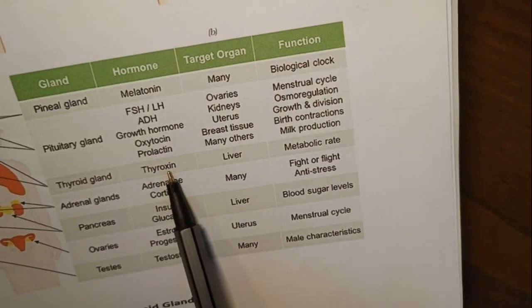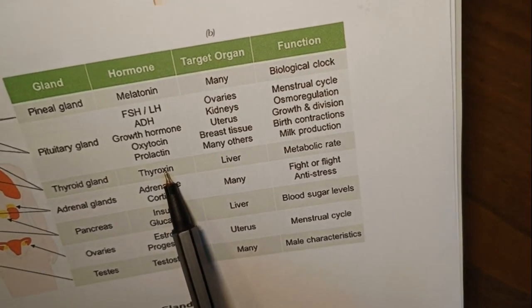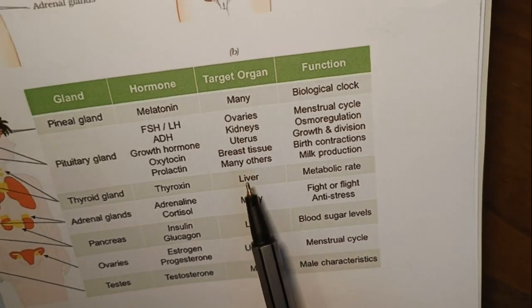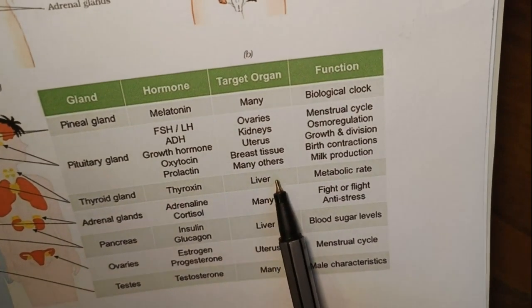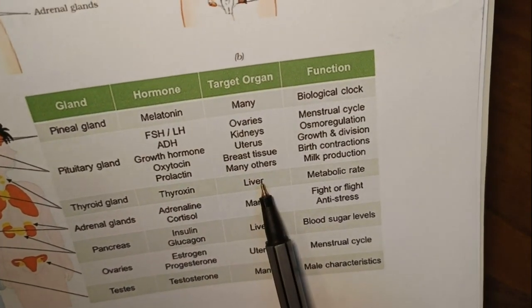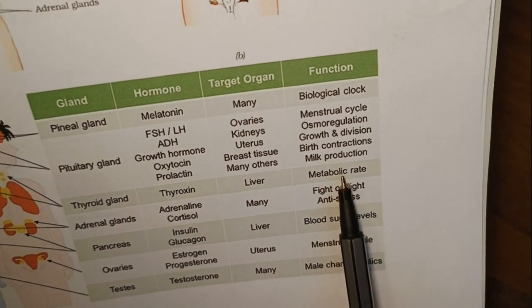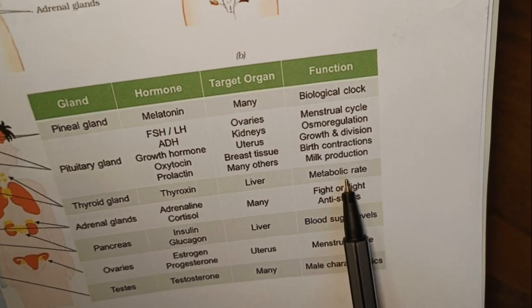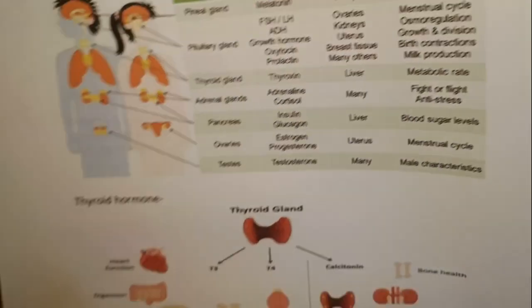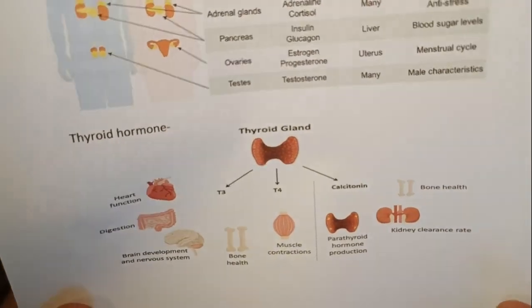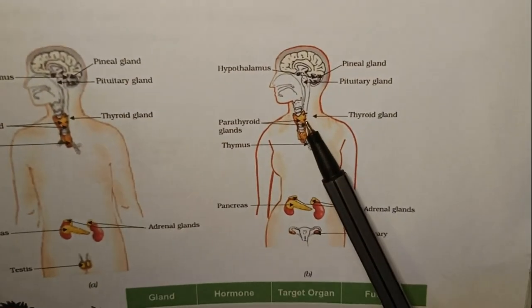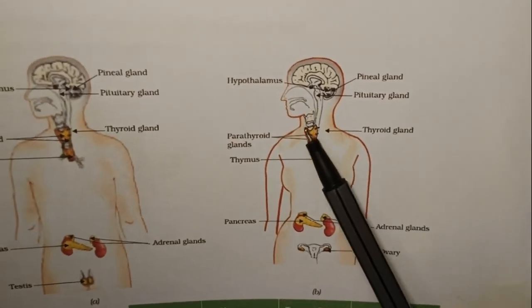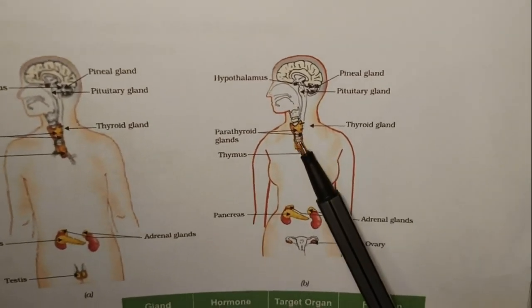Thyroid produces thyroxine. Okay, and that works on the liver as well as many tissues in the body, almost every tissue in the body, and it controls the metabolism. Thyroxine. So the thyroid gland is located in the front of the neck, in front of the trachea, that is our airway.